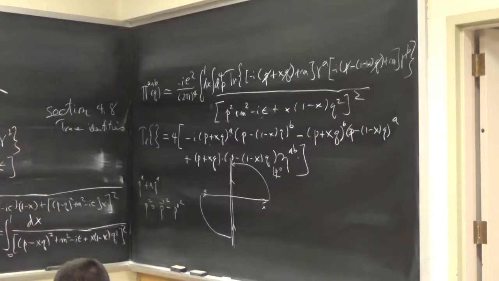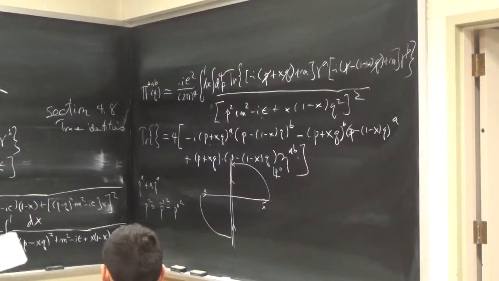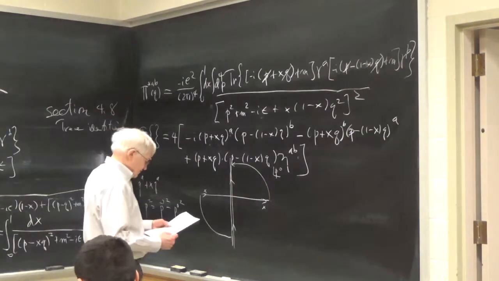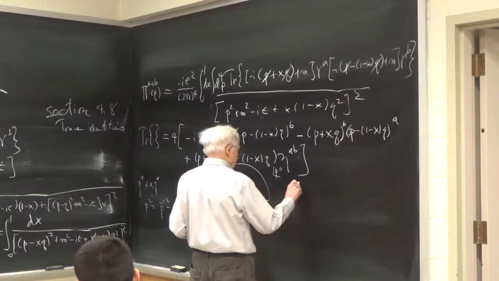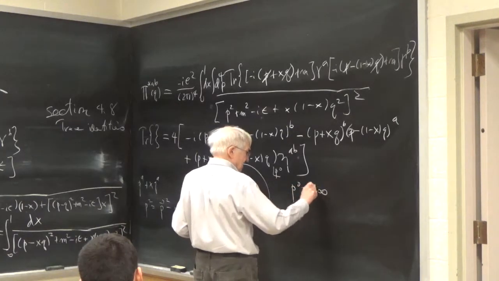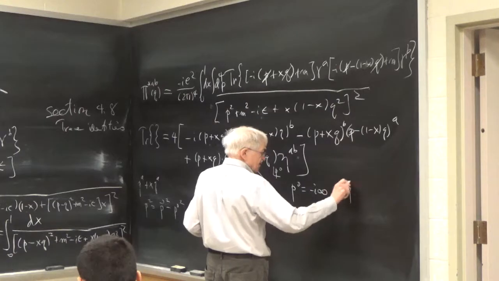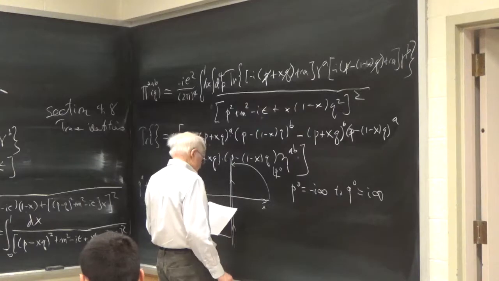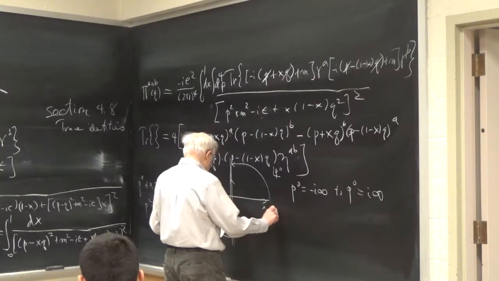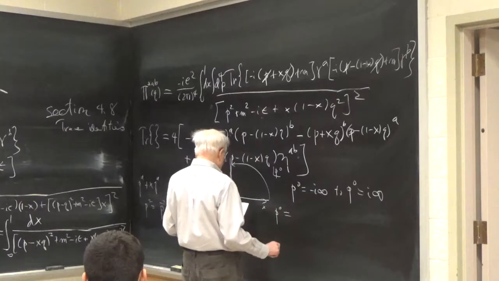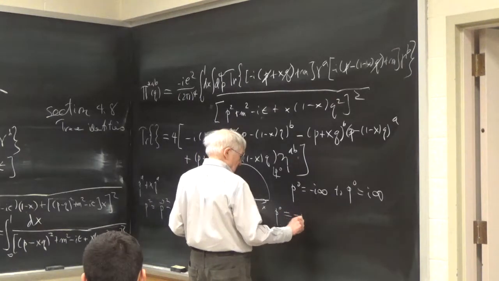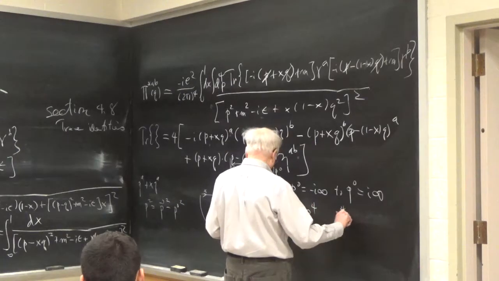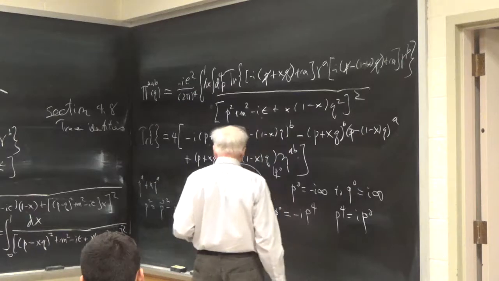And that makes the integral a much nicer integration. So in other words, we're now going to be integrating from p0 equal to minus i infinity to p0 equal to i infinity. And we're going to set p0 equal to minus i p4, or equivalently, p4 equal to i p0.